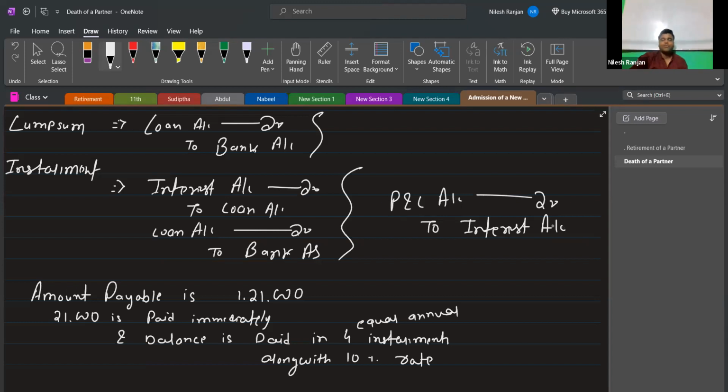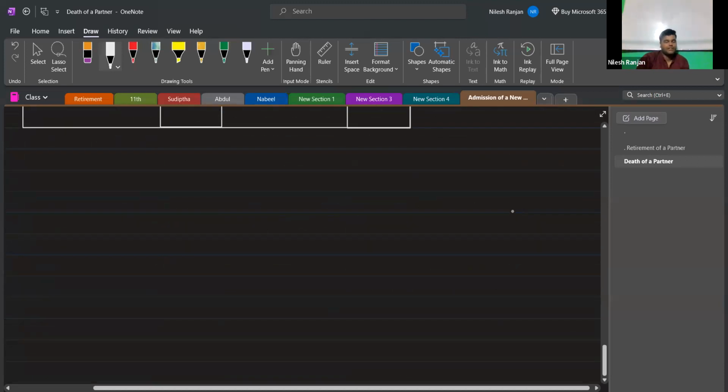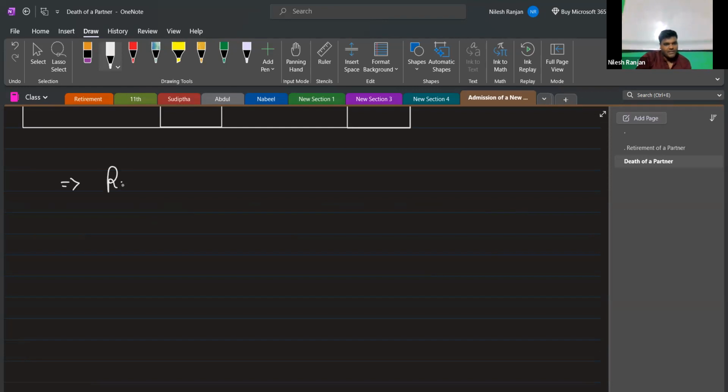Actually, do you remember the rules of debit credit? There was a real account, personal account, and nominal account.